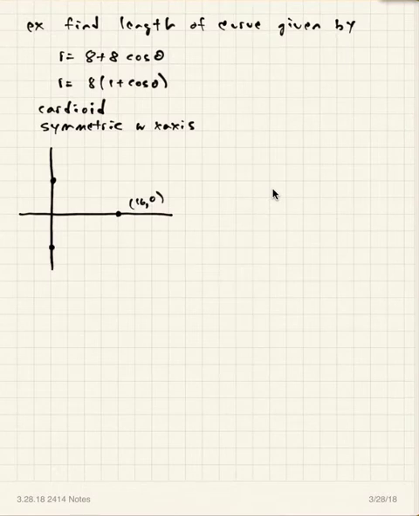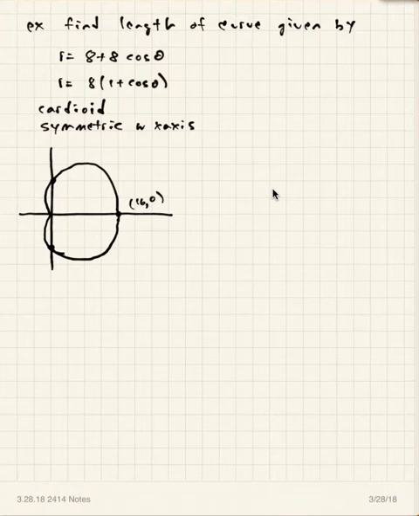And so you get this cardioid that kind of looks like this. Now you really wouldn't necessarily need this graph, but it's not a bad idea to have. So there's our cardioid right there.